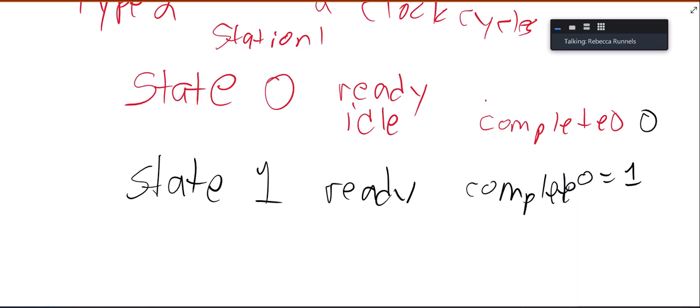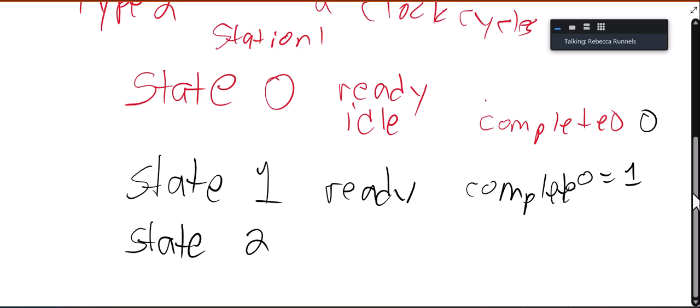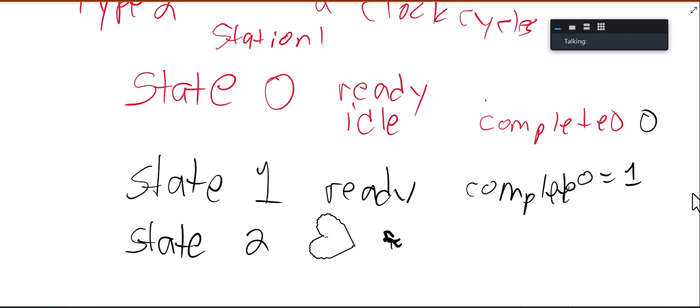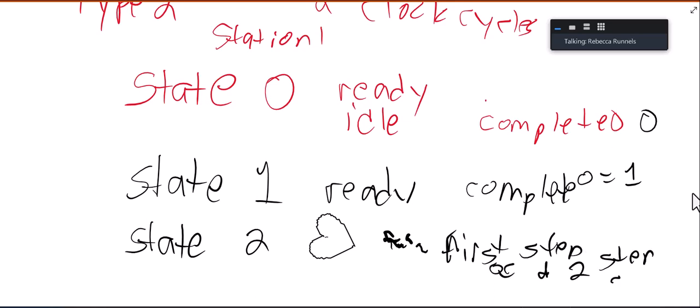So state 1 means this is my last step of a process. And then state 2 means that I am on the first step of a 2-step cycle.